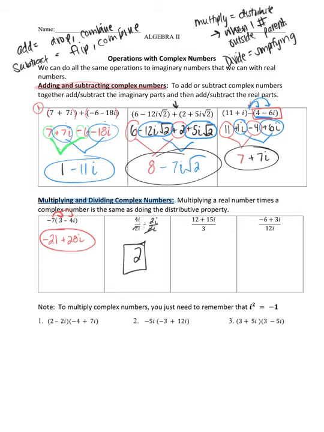In this example, I can see that all of these terms are divisible by 3. So I am going to divide 12 by 3, 15i by 3, and the denominator by 3. The first thing I'm going to do is divide 12 by 3, and 12 divided by 3 is 4.